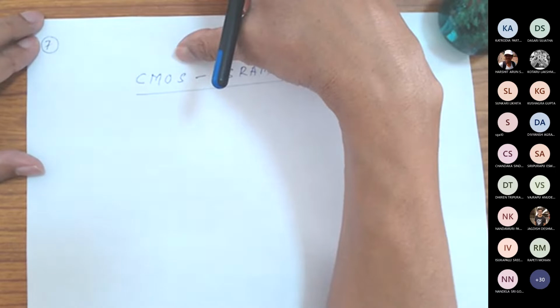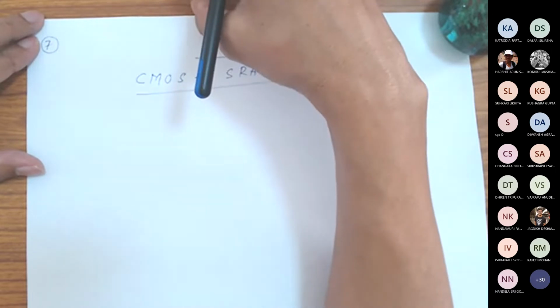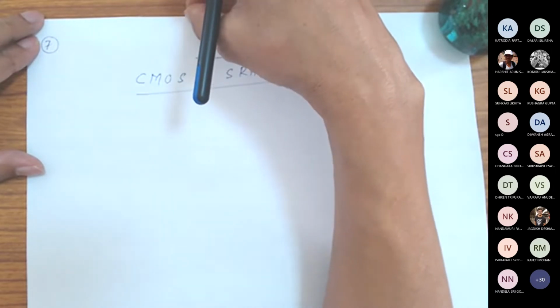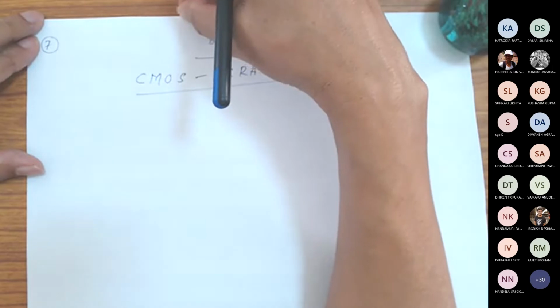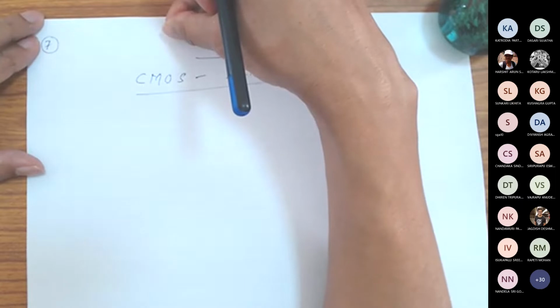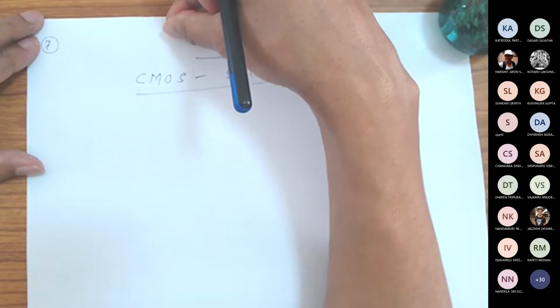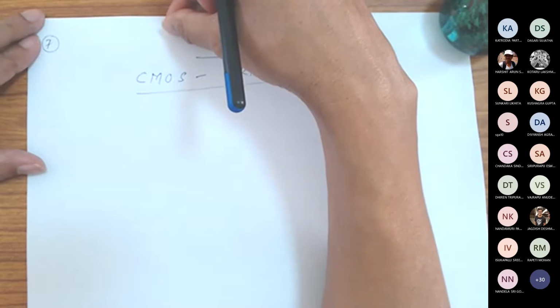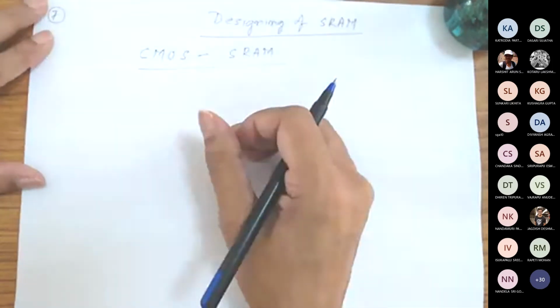So how is a cell of a typical CMOS SRAM designed? How many transistors are needed and how does it work? That is what we are going to look at now.